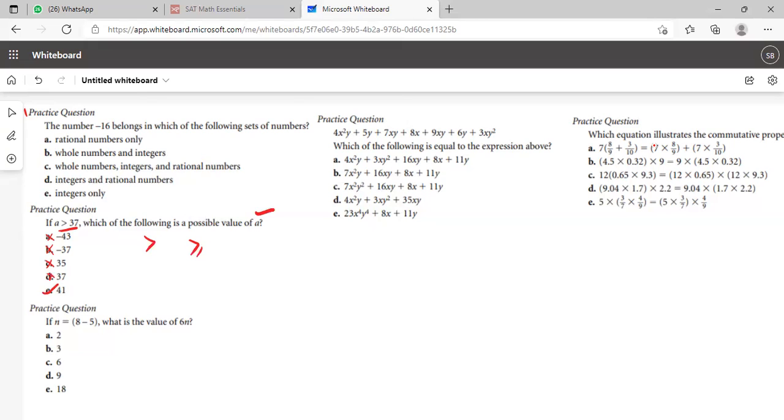If n is 8 minus 5, what is the value of 6n? So 6 into 8 minus 5. We can either use the BODMAS rule where we solve the brackets first, or we can use the distributive law. I want you to tell me how I would do it using the distributive law.